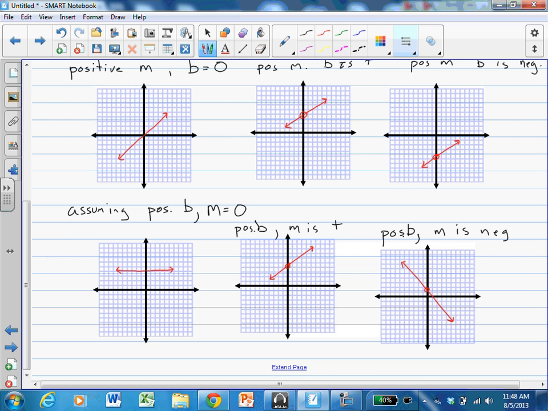So there's a big difference between if your data shows a trend with a positive b and where m is positive, or a positive b and m is negative. You know, there's different types of correlation. One means that as one increases, the other increases. But when m is negative, that means as one increases, the other decreases. So it goes down here.